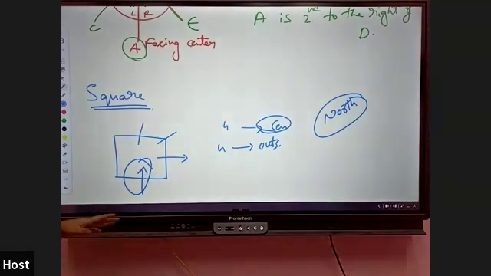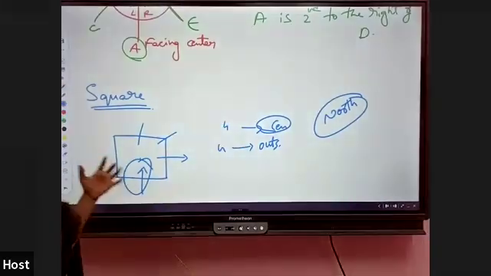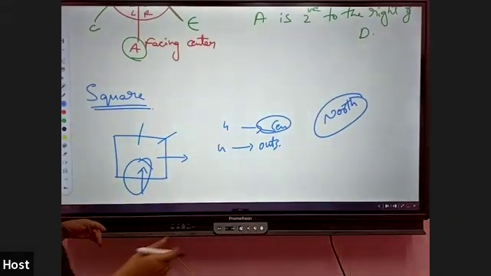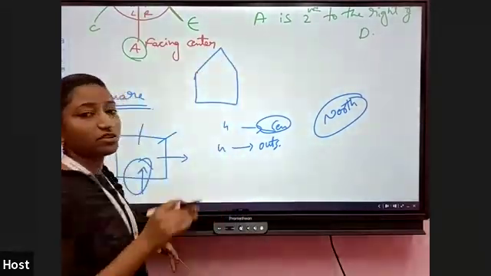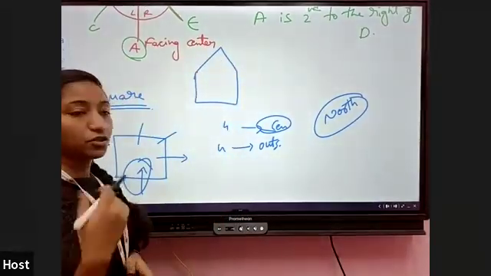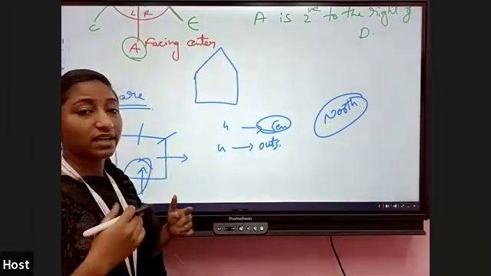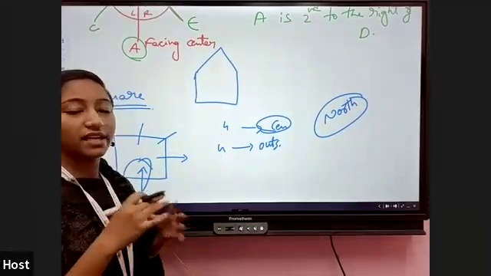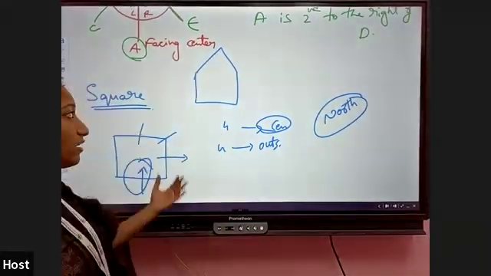So these are the terms used for rows, squares and circles. If they give a rhombus or pentagon, any shape, we should follow the same process. Whether they give a pentagon, hexagon or octagon, whichever diagram they give, the process is the same.